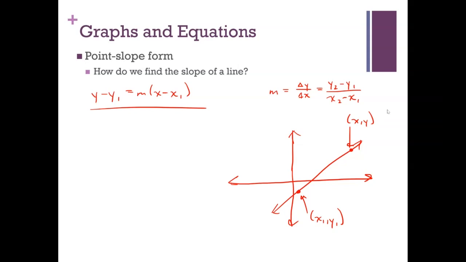This one is fixed, stuck right here, but this other one I can move back and forth. No matter where I move it, let's say here or here or here, what is the slope from the first point to the second point every time? I don't know exactly what it is, but I can always call it m.